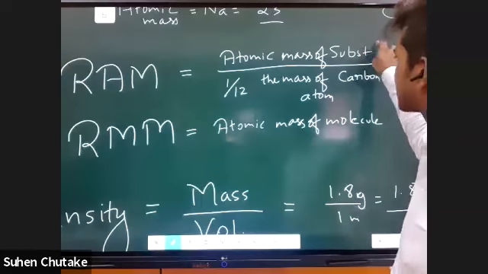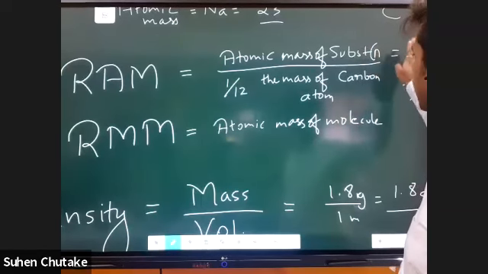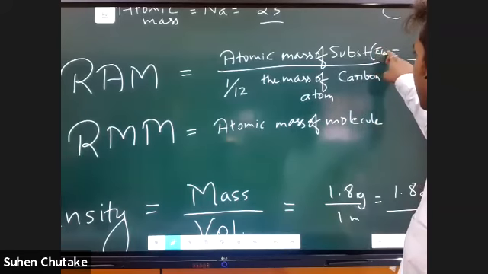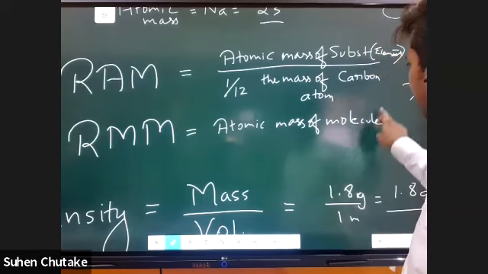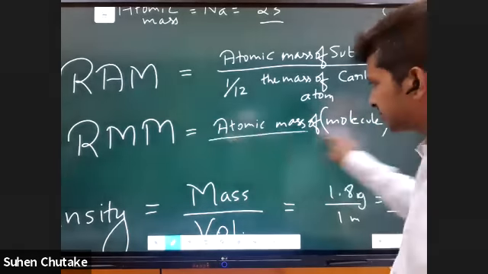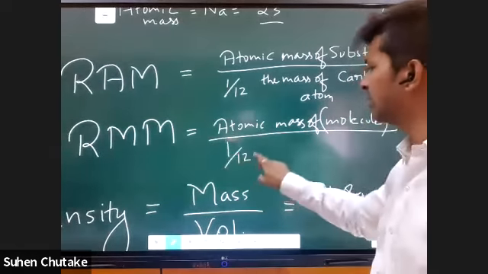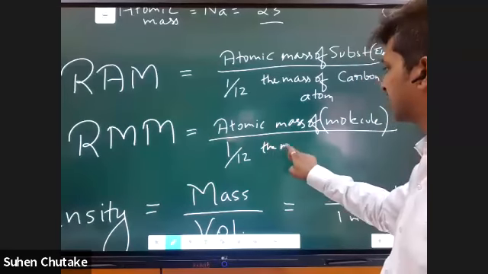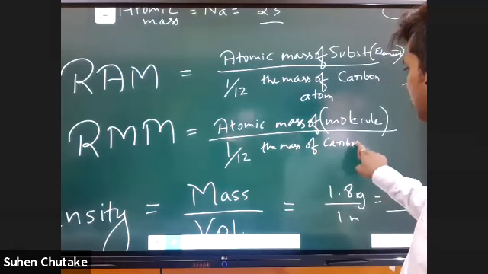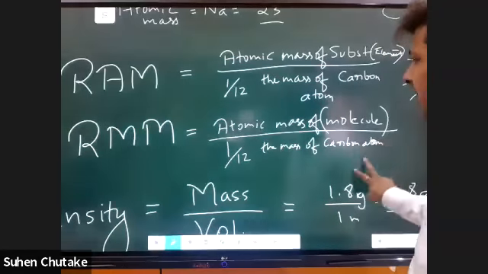Here the substance was atom, or you can say element. But here we are not taking element, we are taking molecule. Atomic mass of molecule divided by the same 1/12 the mass of carbon atom. So what is going to happen? The same thing is going to happen.